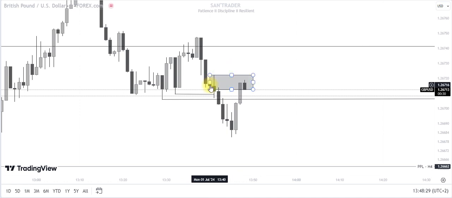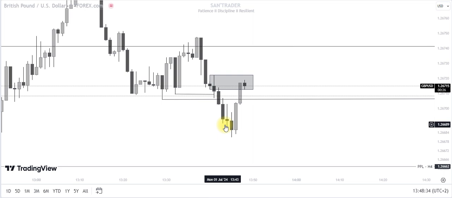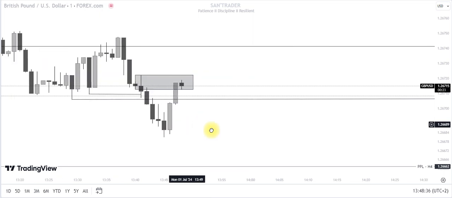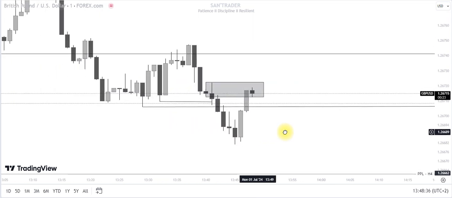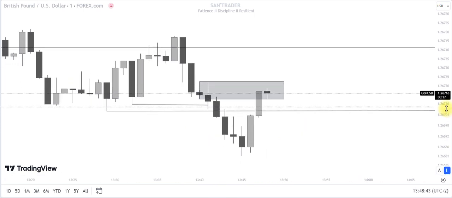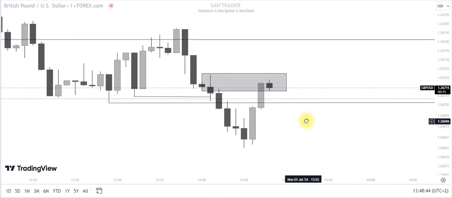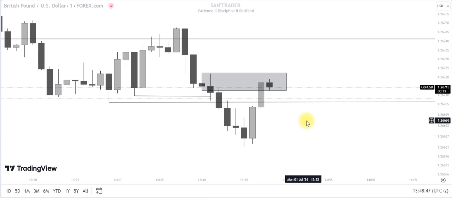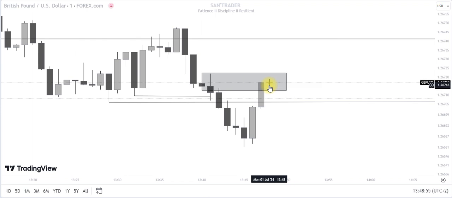Because this candle's high is shorter than that one, so you must cover the high. So it can be a series of candles or one single candle. You made rebalance if it's a continuation to the downside.